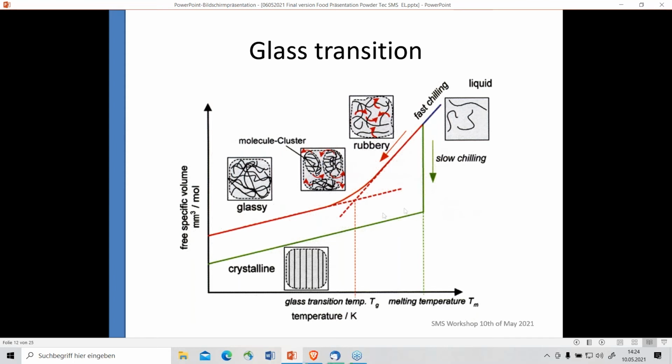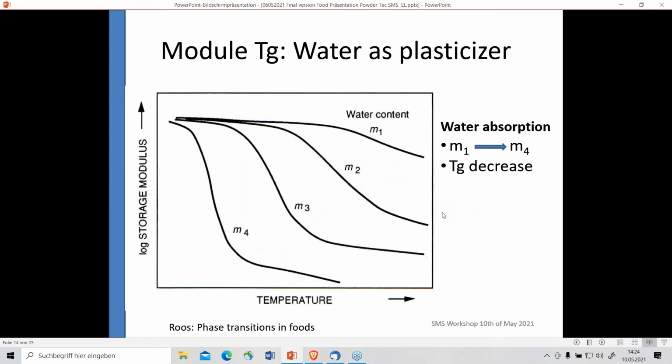One thing that could happen, if you look here at the storage modulus over temperature, is that you will find water acts as a plasticizer. The stiffness of the powder will be decreased very strongly, and you see that it's a log scale here.